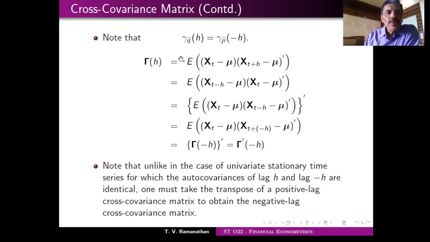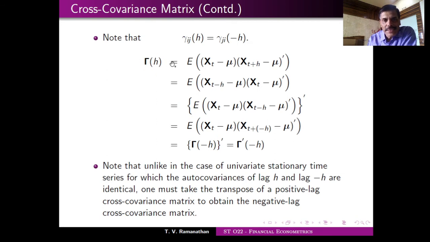Okay, now if you look at the covariance function, you have this relationship. In the univariate case, positive or negative is because these are real numbers. I'm talking about this one. But what is the case with this matrix?